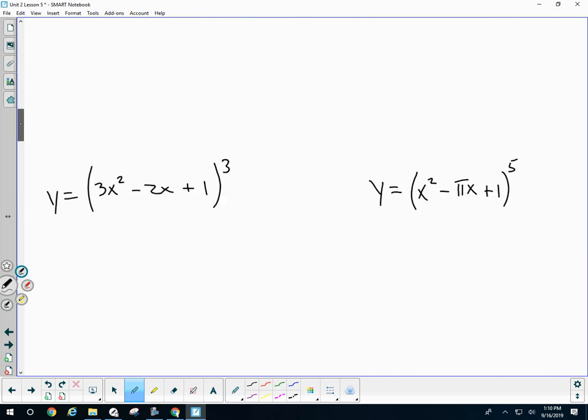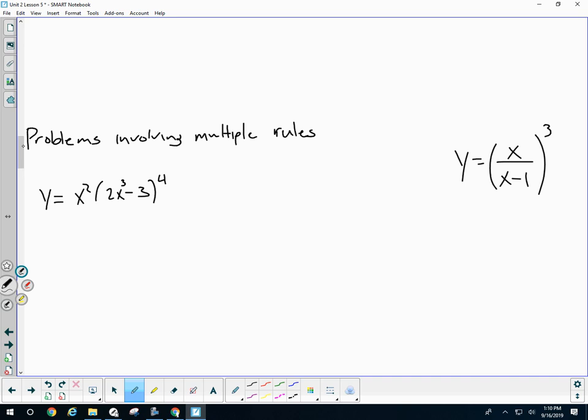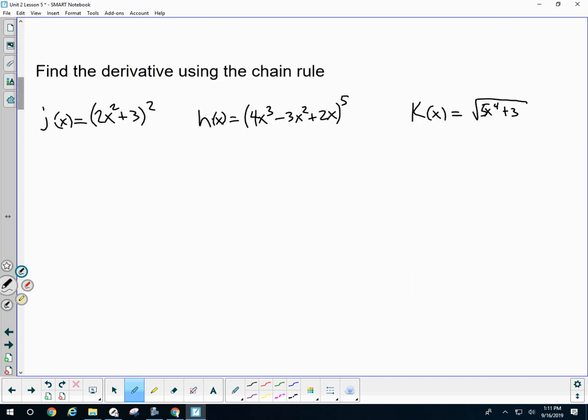The outside, like I said above, is the square. The inside is the 2x squared plus 3. We will go ahead and take the derivatives of those two composed functions and multiply them together. Now, what's the derivative of parentheses squared? Why don't you just think about it and take a guess with your neighbor?